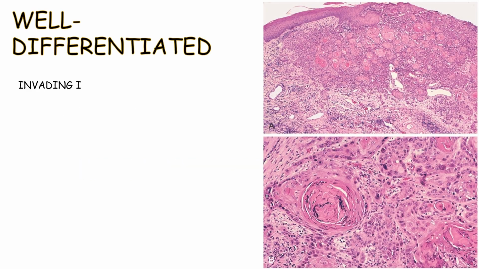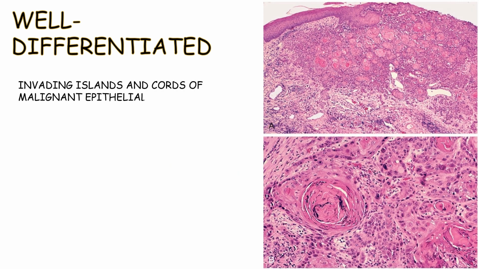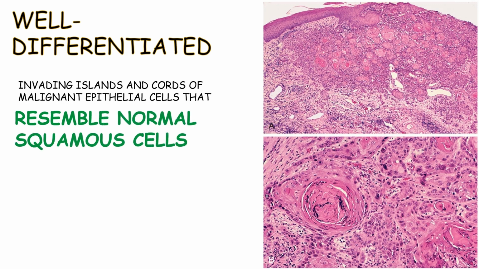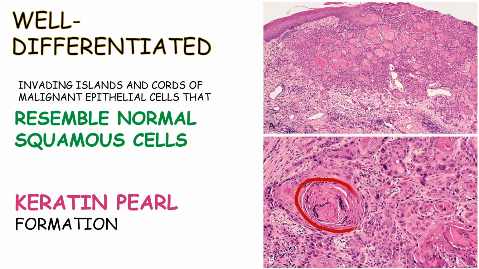Along with all the previously mentioned histological characteristics, what's specifically seen in a well-differentiated squamous cell carcinoma is that the islands and cords of malignant cells very much resemble the normal squamous cells, along with characteristic keratin pearl formation, which is seen in the diagram over here.